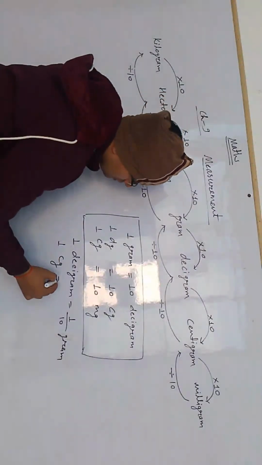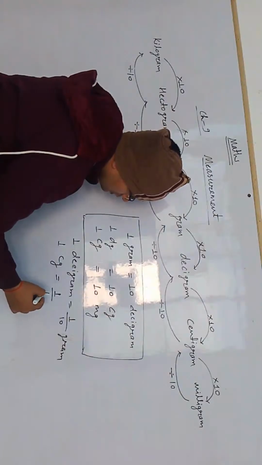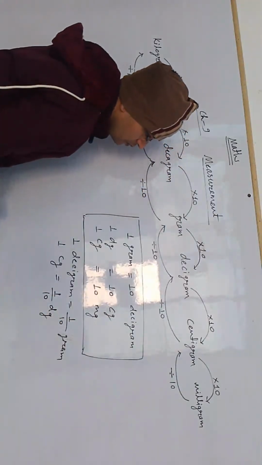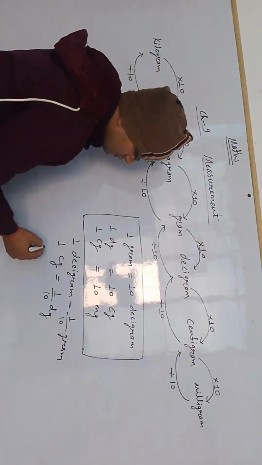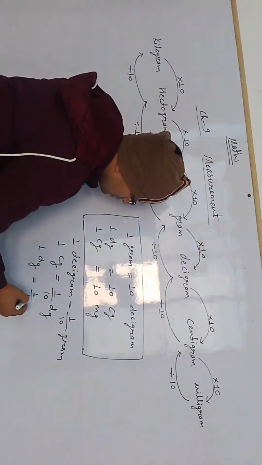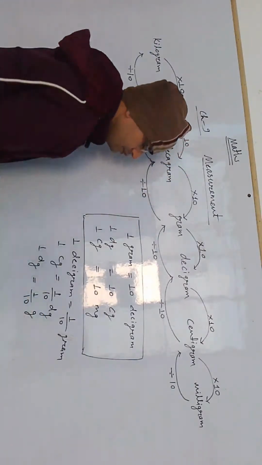1 centigram is equal to 1 upon 10 decigram, and 1 decigram is equal to 1 upon 10 gram.